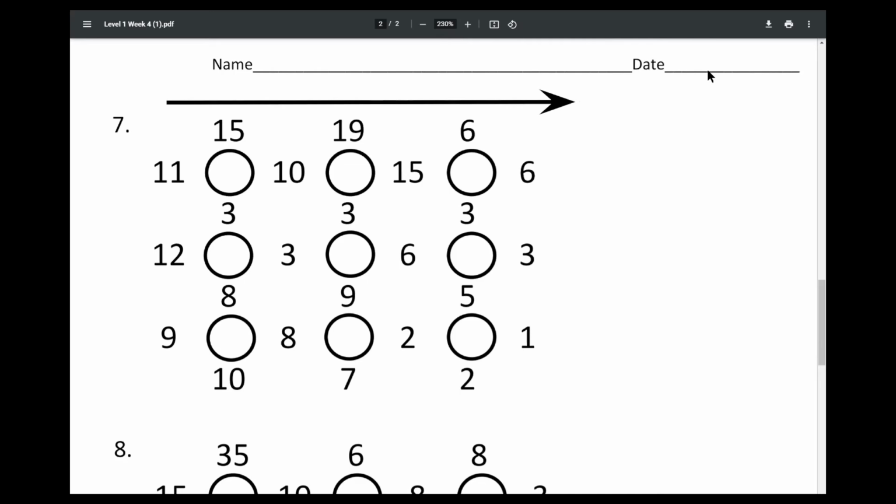11 plus 10 minus 15 equals 6. All right, let's look at this. Okay, so someone just shout out, what is 11 plus 10? 21. 21, right.